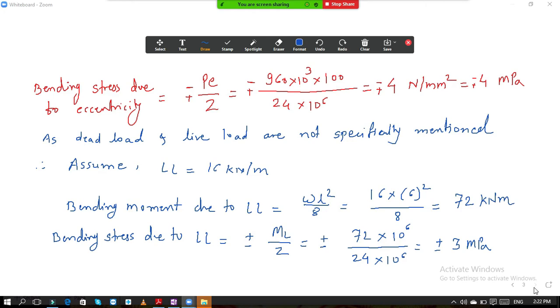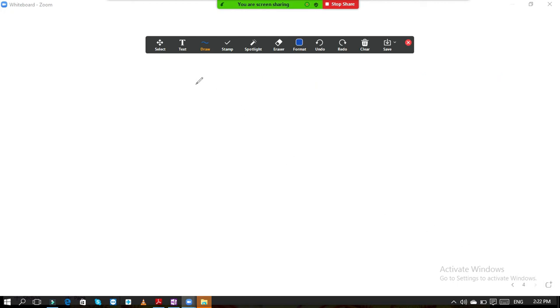Now finally we will calculate what is remaining. Direct stress is calculated, the bending stress due to eccentricity is calculated, the bending stress due to live load is calculated. Now dead load remains. Okay, so first the dead load calculation.